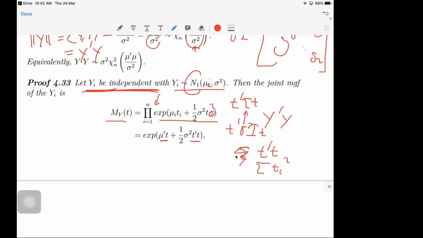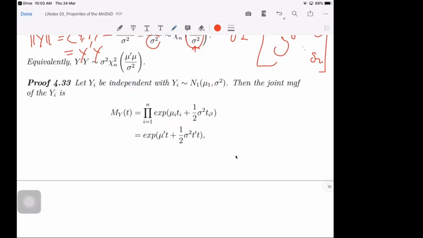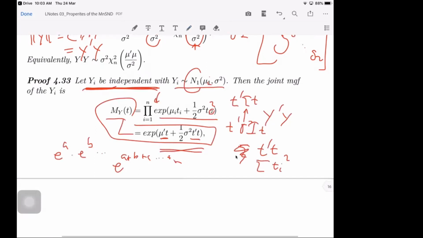So the product here will give you the vector notation, since e to the a times e to the b times and so on up to n is e to the a plus b plus c up to n terms. Okay? So this is actually the moment generating function for a normal random variable.